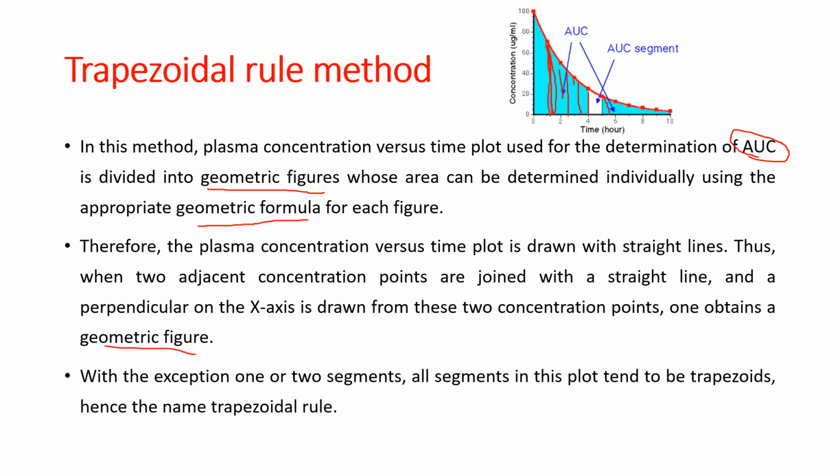To calculate the AUC of one geometric figure, we have the geometric formula, which I will show you now. With the exception of one or two segments, all the segments in this plot tend to be trapezoids, and hence it is called the trapezoidal rule method. Now we'll see how to calculate this.